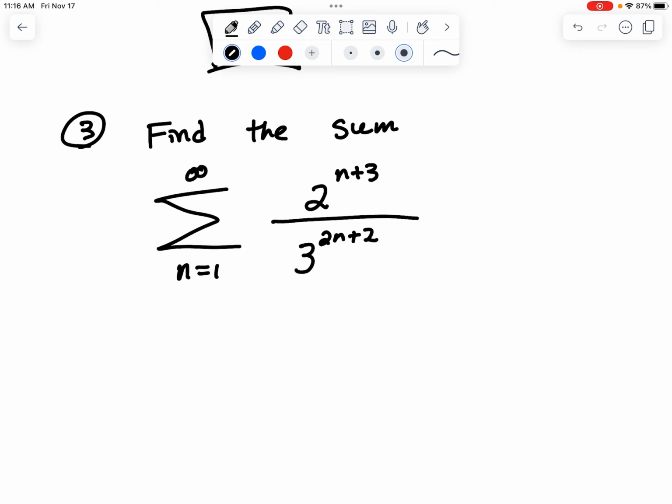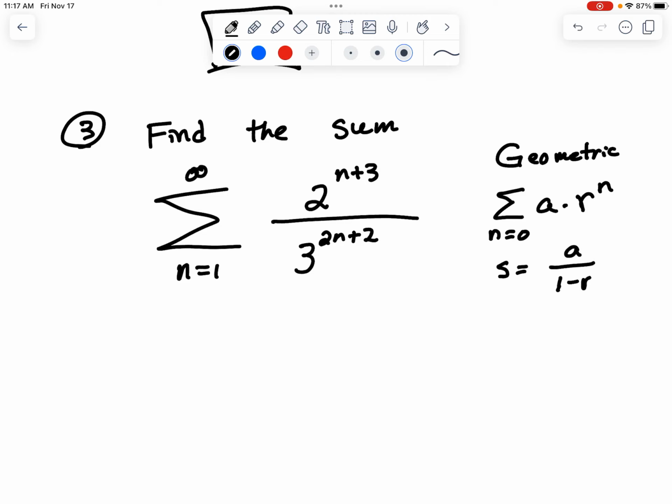So just by looking at this one, it looks like it's geometric. And the thing with the geometric is it needs to start at 0, and then it has a, and then r is raised to the n, and then the sum will be a over 1 minus r.